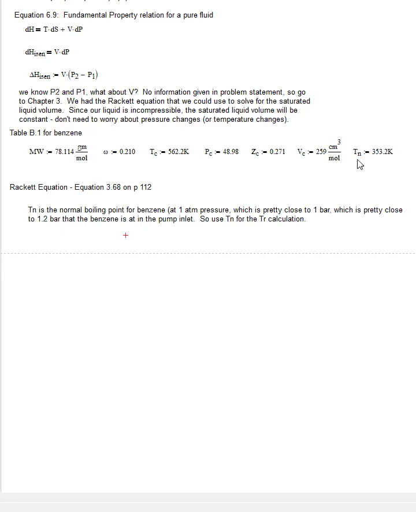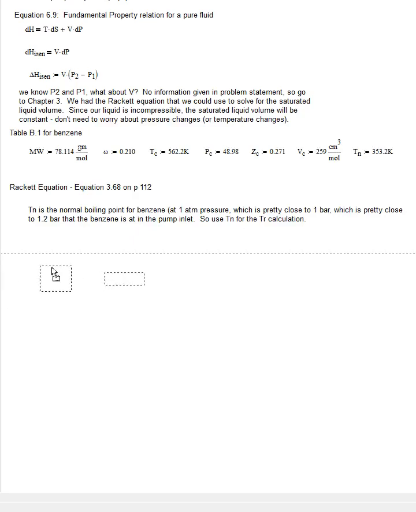Remember, Tn is the normal boiling point for benzene in table B1. So this is at 1 atmosphere pressure, which is pretty close to 1 bar, which is pretty close to 1.2 bar, which is the inlet. And so we're going to use this Tn in the Rackett equation calculation.